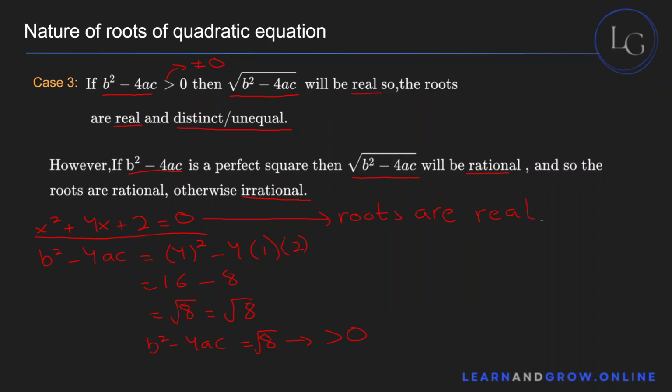They are real, they are unequal or distinct, and lastly, they are irrational, as 8 is not a perfect square. So that's how you do it.